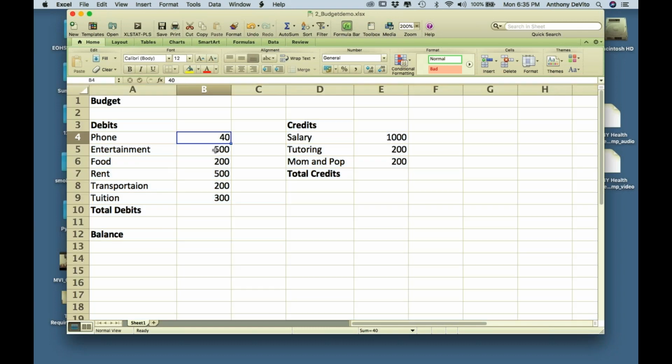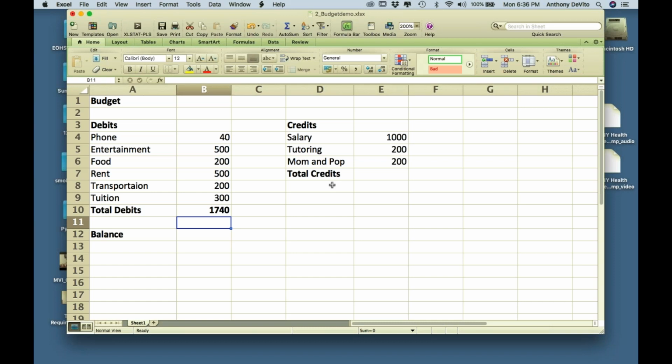Okay, they spend $40 on their phone, $500 a month on entertainment, rent's $500. Obviously, they don't live in New York, or they're sharing with 12 people. Transportation, tuition. So their total debits, their total spending each month is equal to the sum of all these values, right? And we can calculate that. They're spending $1,700.40 a month.